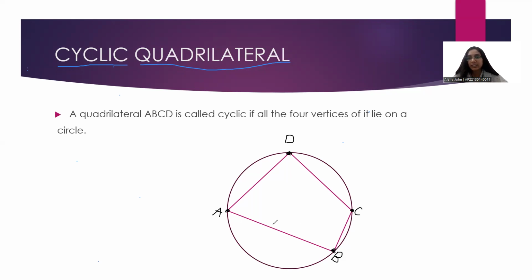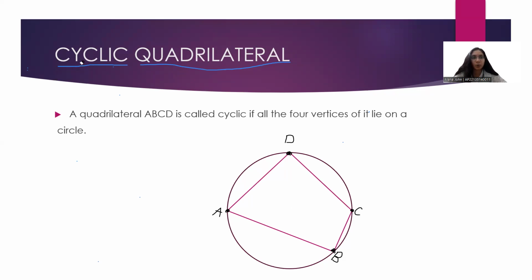Is the concept clear? So a cyclic quadrilateral means a quadrilateral whose four vertices lie on a circle. Then the quadrilateral is said to be a cyclic quadrilateral.